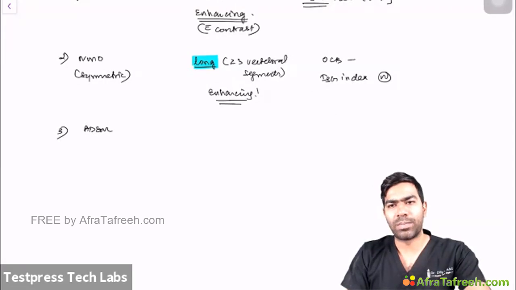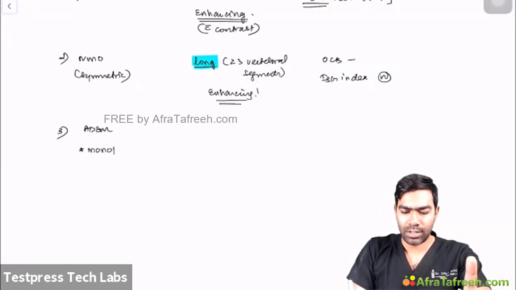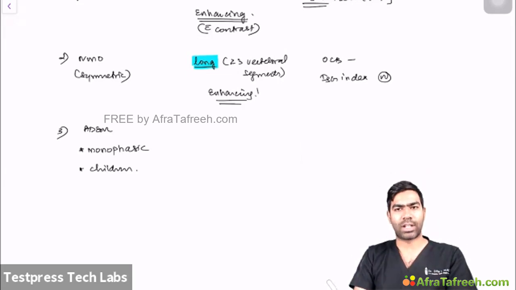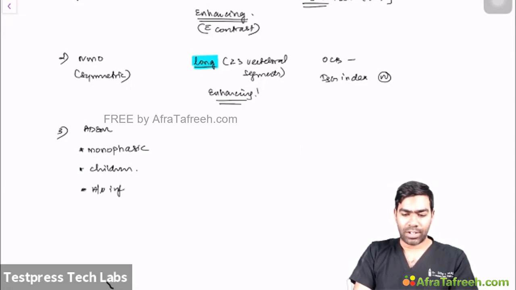Usually, ADEM is basically a monophasic illness, which means it happens only once. And ADEM is very common in children. If they give children who are suffering from this kind of sudden onset paralysis, especially if there is a history of prior infection, and especially post-vaccination, extremely common.